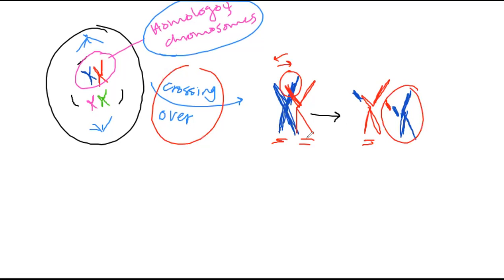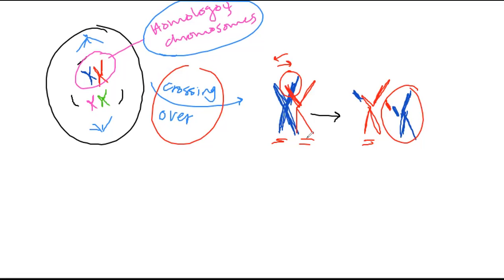Each time you have this kind of variety. Why? Because each time your father makes sperms inside his body, this crossing over happens, and while your mother makes eggs inside her body, this crossing over also happens. So every time they pass a new combination of DNA in their sex cells, which makes a new variety of living organisms. So that's what happens in the first step, which is the prophase.